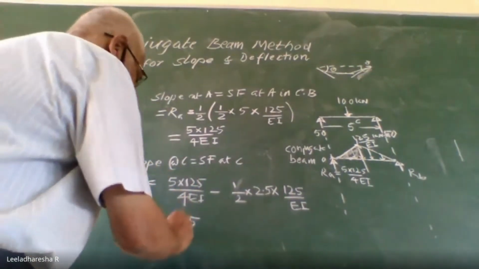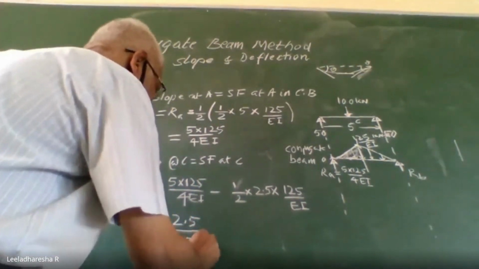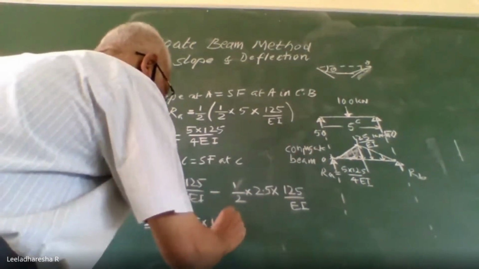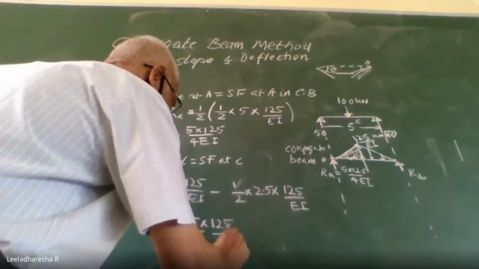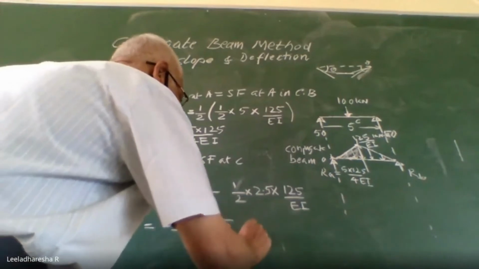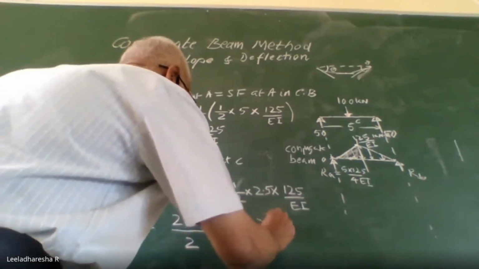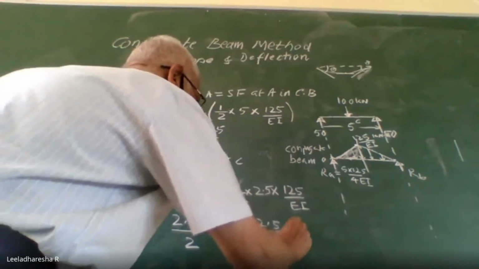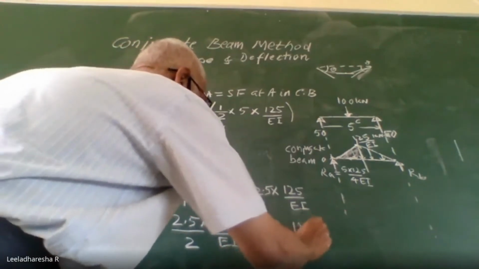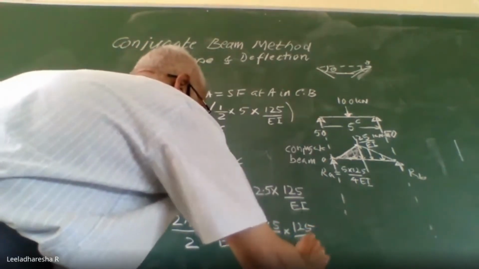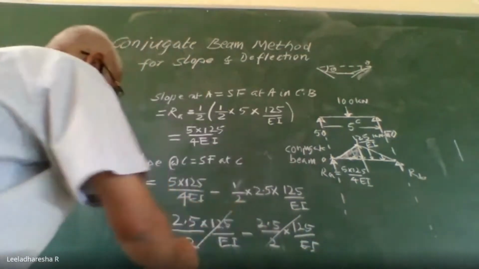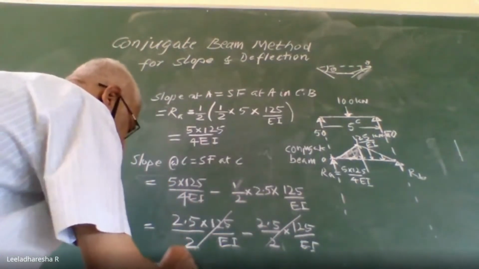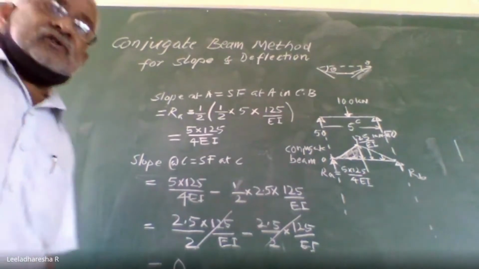Also divide 4 by 2, you get 2 into 125 by EI minus 2.5 by 2 into 125 by EI. So these two are going to get cancelled and slope at the center is equal to 0.